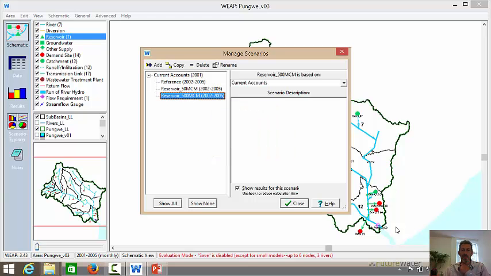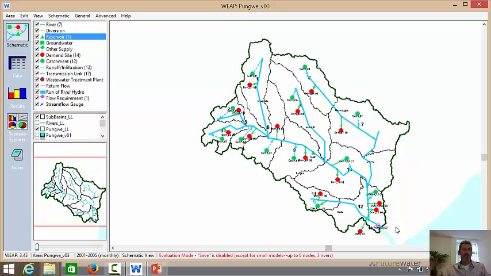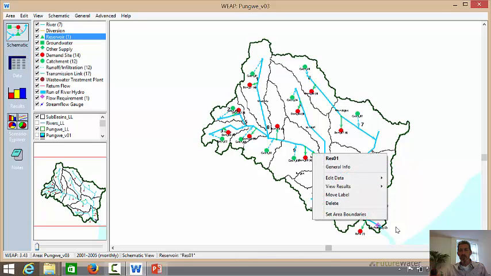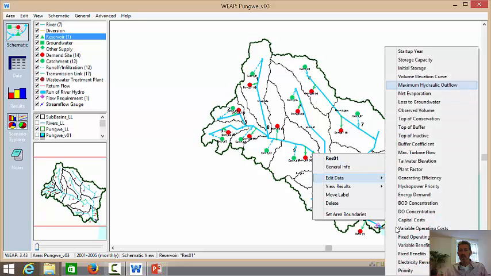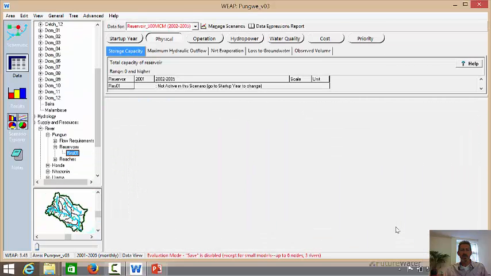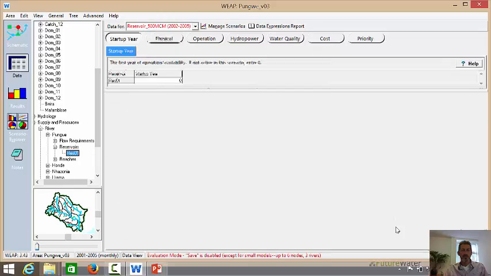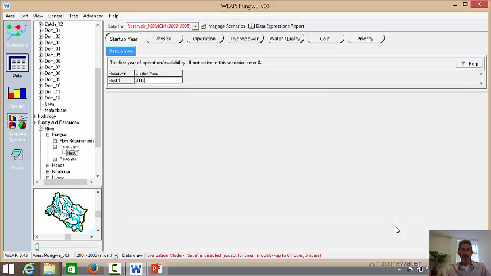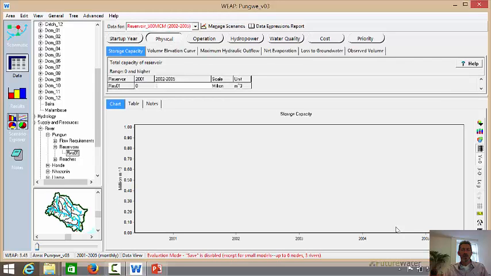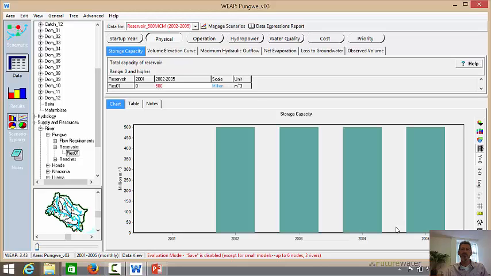Then of course I have to go to data and enter this 500 million cubic meters. So I go to data and I say storage capacity. The reservoir is active in 2002, and the storage capacity of this reservoir, in fact it's the same but we increase it by a factor of 10, is 500 million cubic meters.